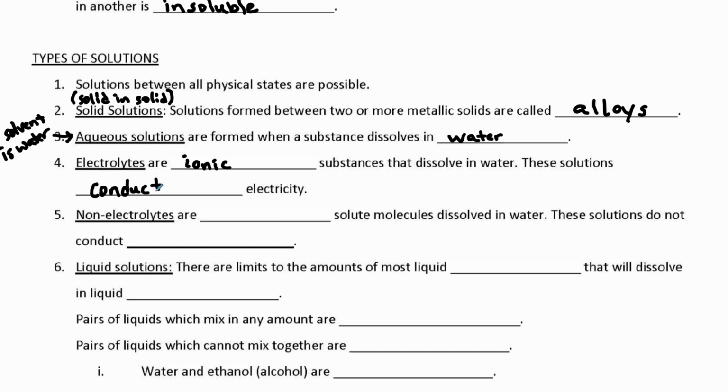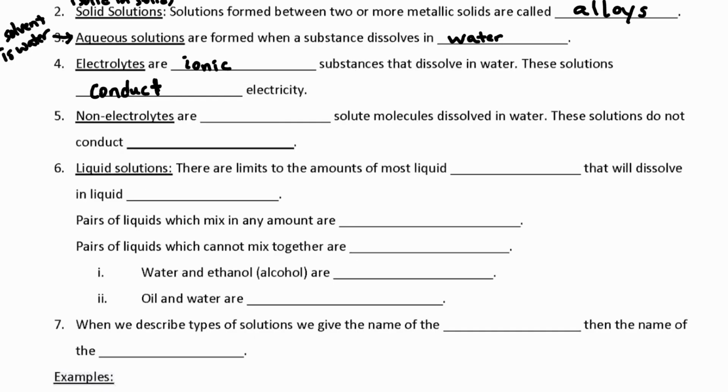You might have done that test to see if something was an ionic substance or not by dipping electrodes into the solution and seeing if the light bulb turns on. If it does turn on, that's telling you that it's an ionic substance, and we know it's ionic because it has those ions dissolved and they can conduct electricity.